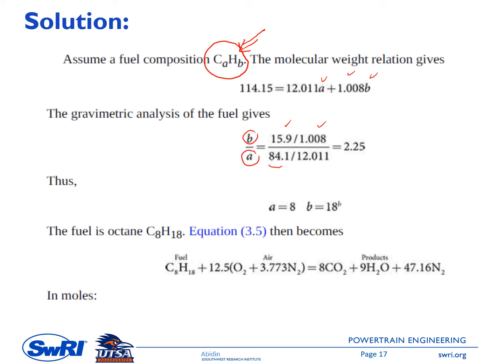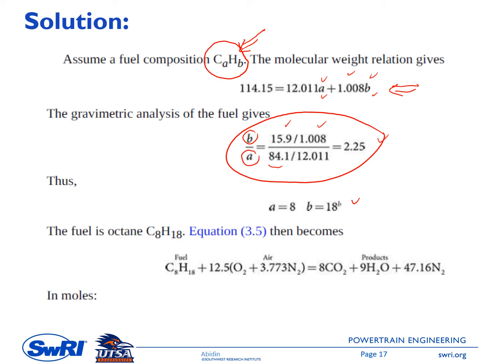From the given data, we get b over a equals 2.25. Then you can use this correlation to replace a or b so that this equation will only have one unknown variable, either a or b. Then you can solve it, and you will get a equal to 8 and b equal to 18.